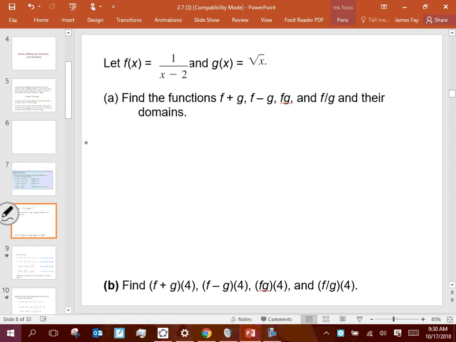Let's just find the sums and differences. If I want to find f plus g of x, I'm going to take my f function, 1 over x minus 2, and add to it my g function, radical x. And there we go, we are done with finding f plus g.